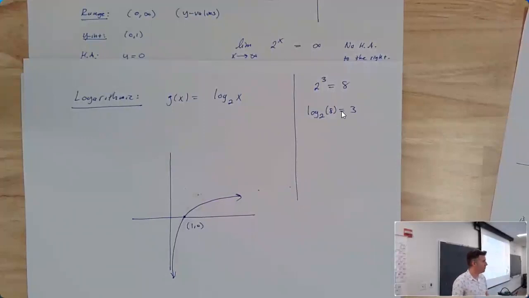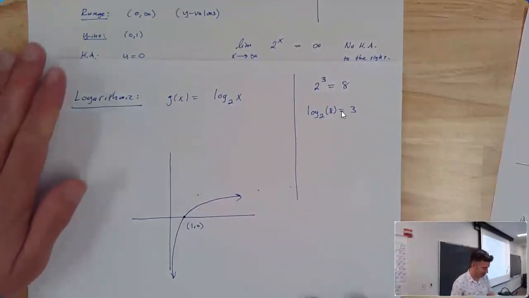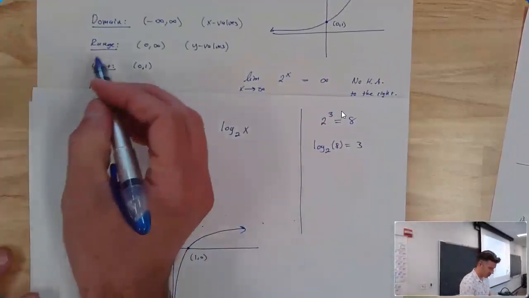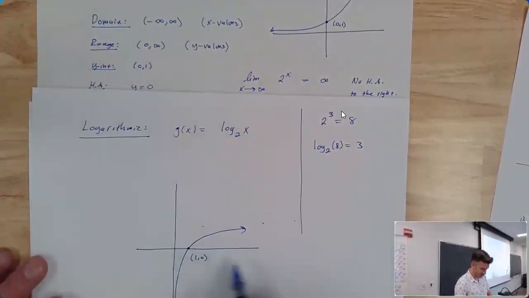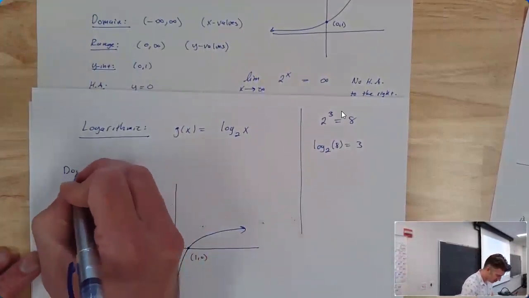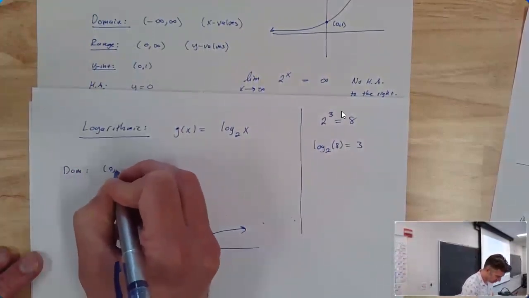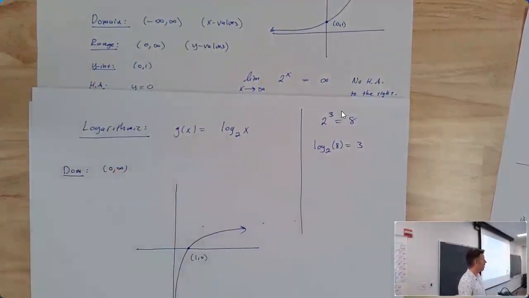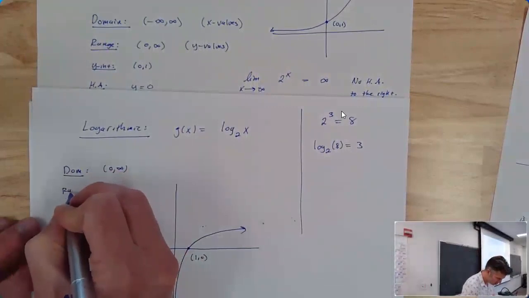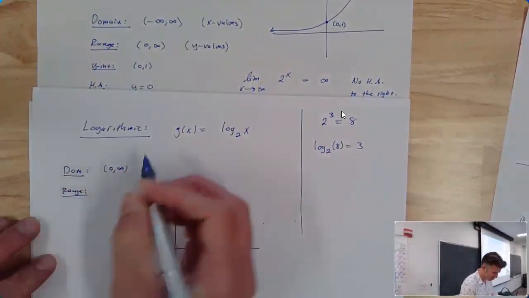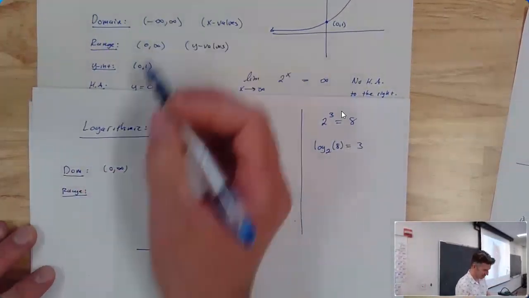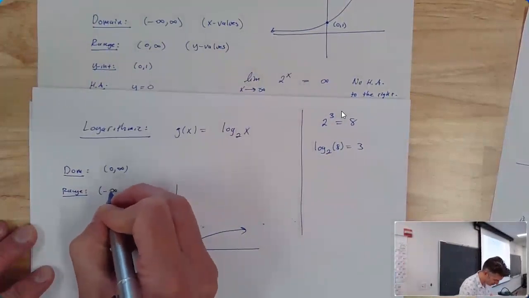It has all of the qualities of the exponential function, but with x and y interchanged, meaning instead of the range being from 0 to infinity for this function, the domain is from 0 to infinity. The domain is all positive x values. And the range, well, in the previous function, the domain was everything. So now the range is going to be everything.